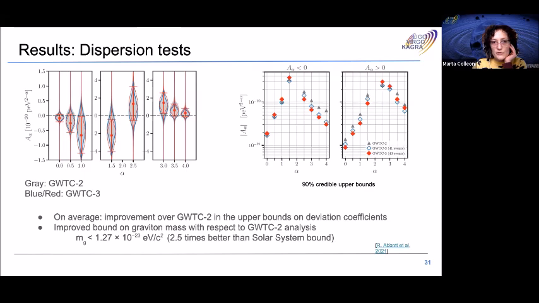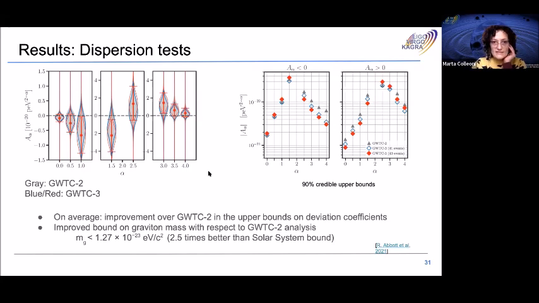So here we show in gray results from GWTC-2, and in blue or red results for the new analysis. We have two colors because we have two different subsets of events combined here.